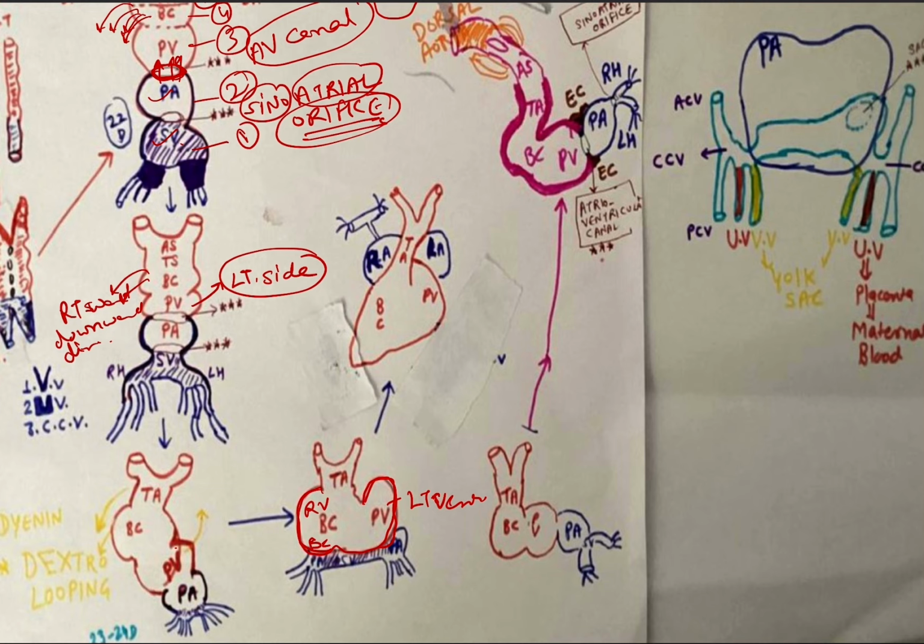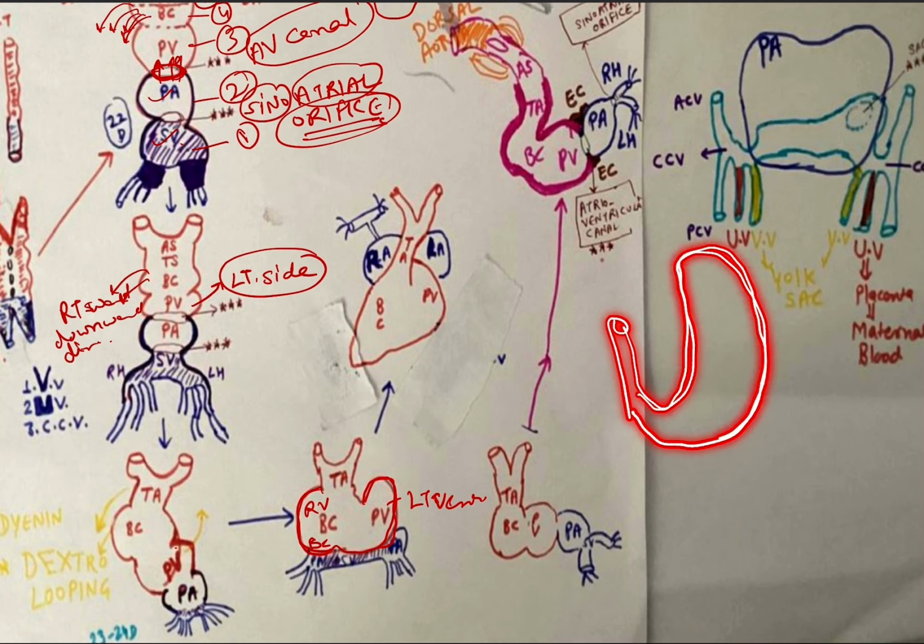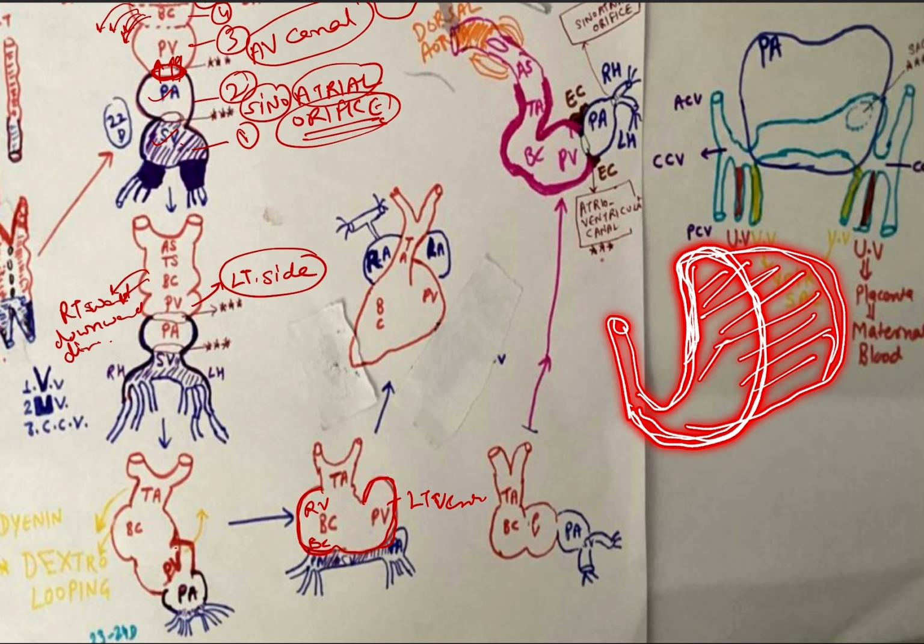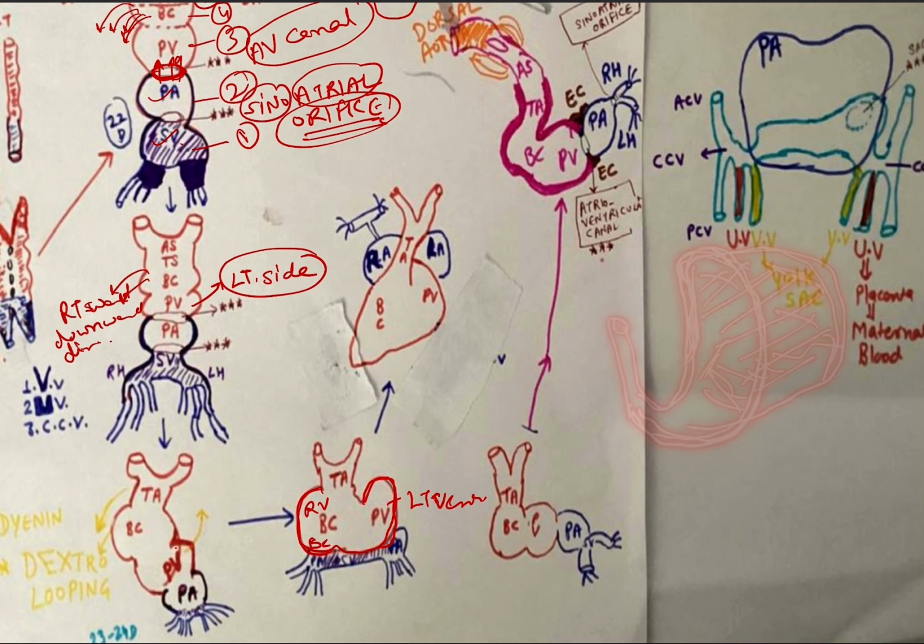You have to assume that if this is a tube, it is going posteriorly like this, forming a U-shaped tube. It is not only going posteriorly, but after going posteriorly, it starts enlarging like this. When it starts enlarging after going posteriorly, it starts projecting like this from the truncus arteriosus.